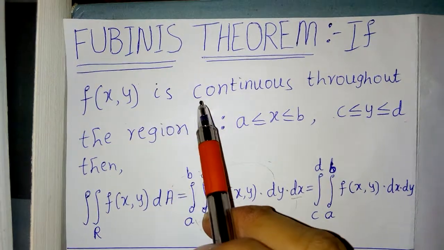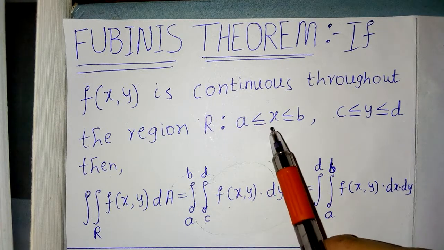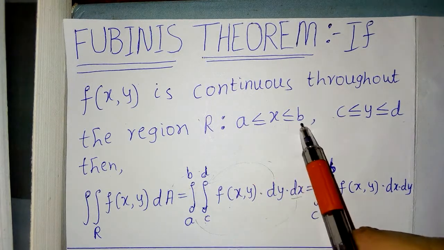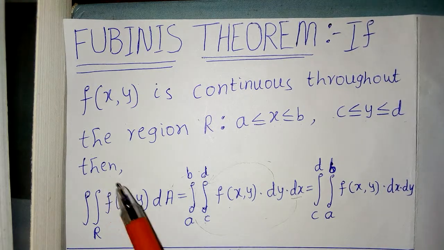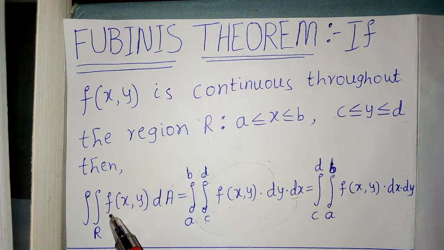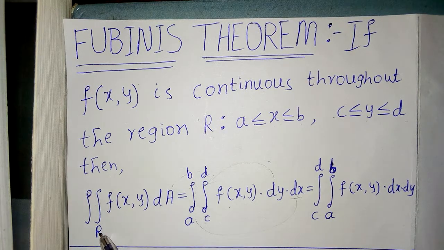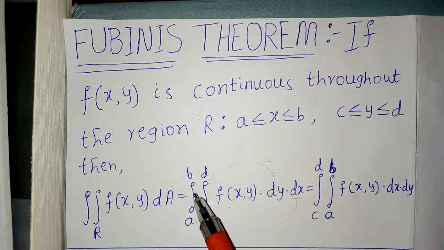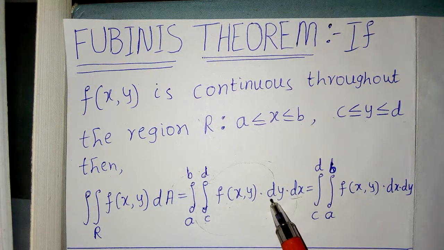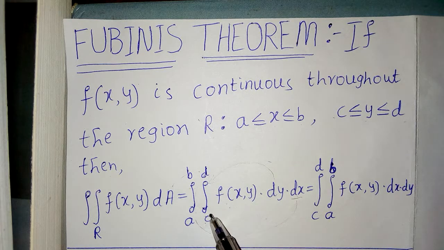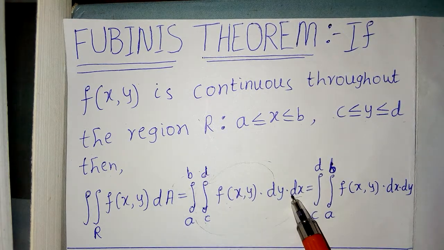If f(x,y) is continuous throughout the region R such that x lies between a and b and y lies between c and d, then the double integral of f(x,y) dA over the region R is equal to the integral from a to b of the integral from c to d of f(x,y) dy with respect to dx.